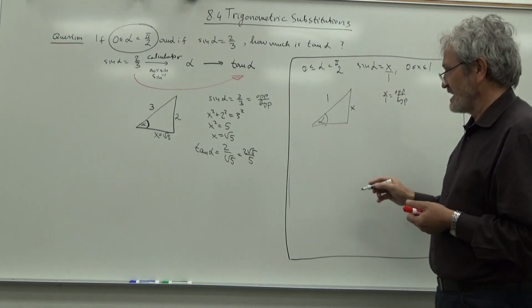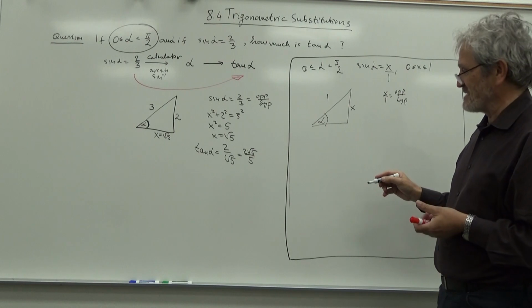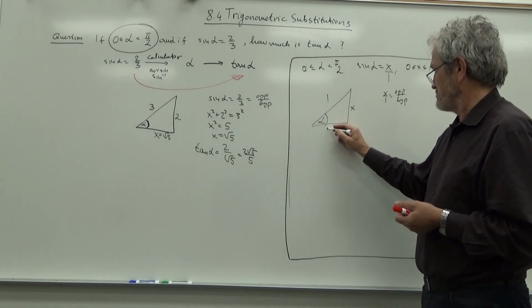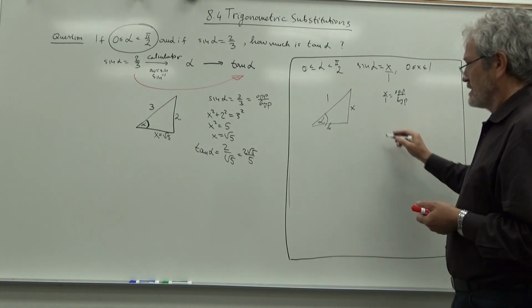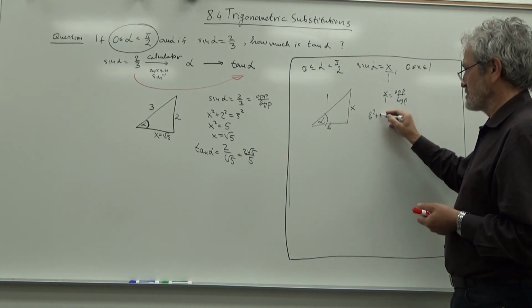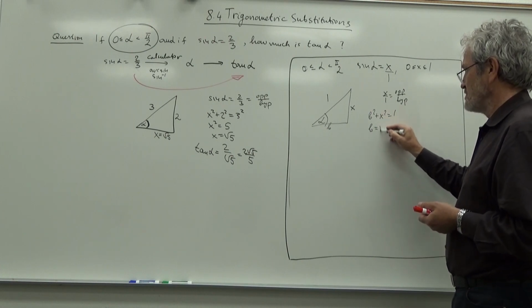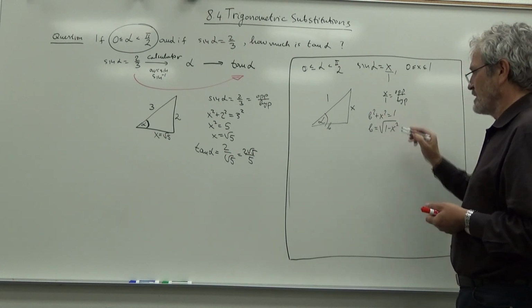This missing side, I cannot call it x this time, as I did a minute ago. I will call it b. Then I have that b squared plus x squared equals 1. I'm doing the same work. So from here, b equals square root of 1 minus x squared.